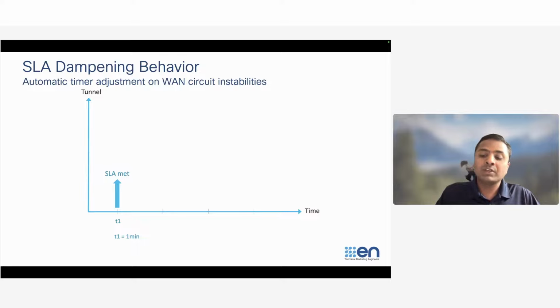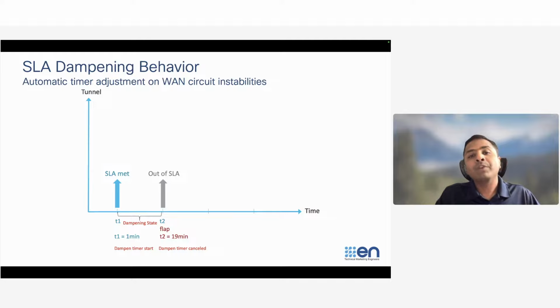Now what we do is we start the dampening behavior where we monitor for a configured time the behavior of the WAN circuit, whether it is stable and there are no packet loss issues and network conditions are stable for that dampening duration. But let's say at time equal to 19 minutes, we saw that again the tunnel was not meeting SLA because of some instability. So then we don't add that tunnel back into forwarding.